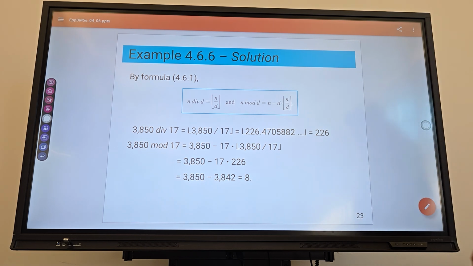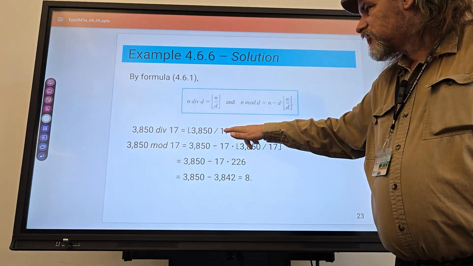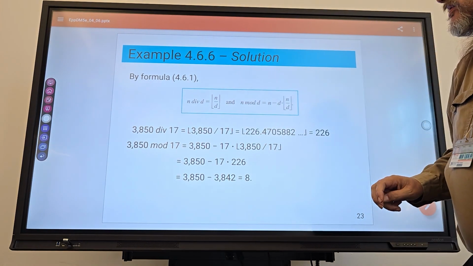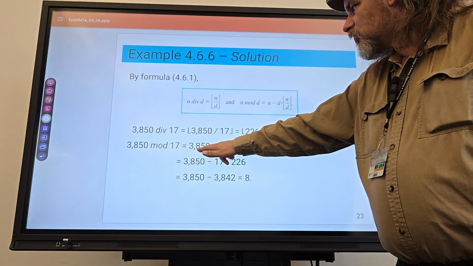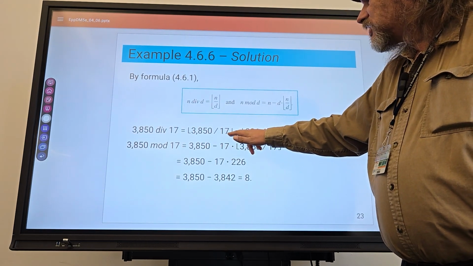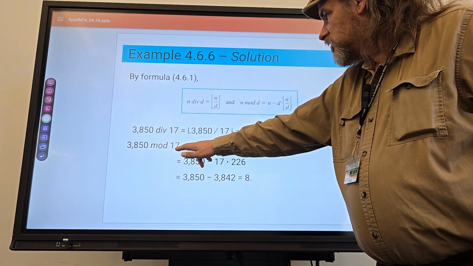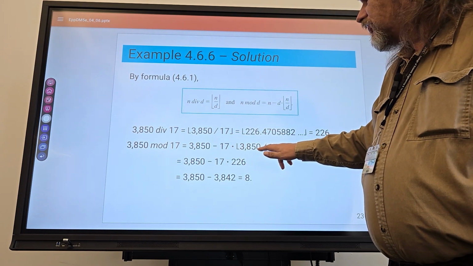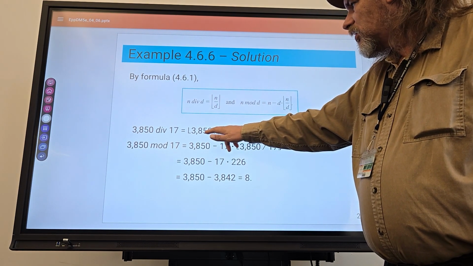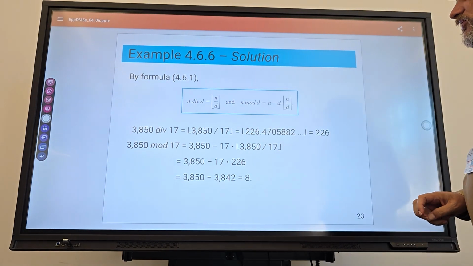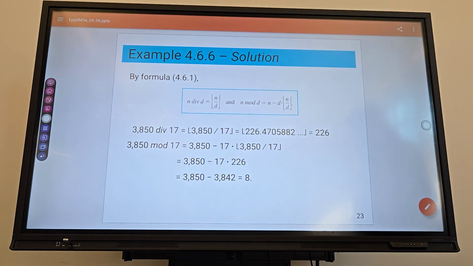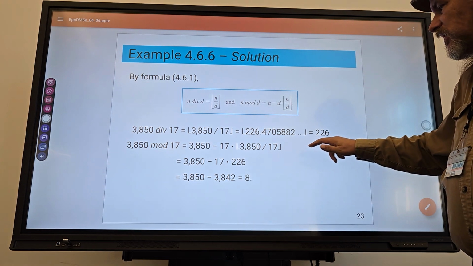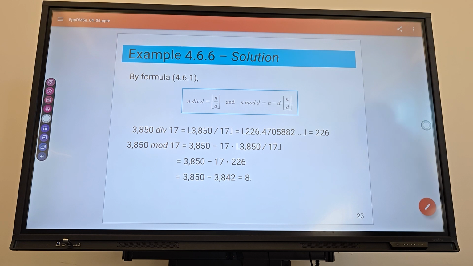You take the floor; the div is just the floor of the division, and the mod is the quantity minus d times the floor of the above calculation. So it would be 226 for the div and 8 for the mod. Okay.